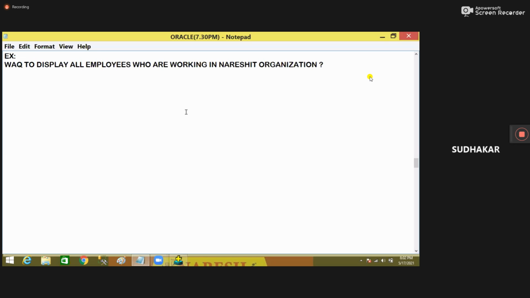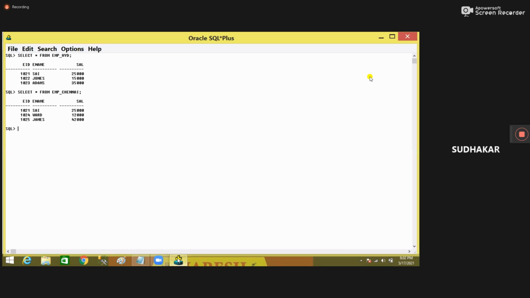So in that question, to get the complete Naresh IT organization's employee information, definitely I have to use set operators to combine these two select queries. For that purpose, we write select star from EMP underscore Hyderabad.